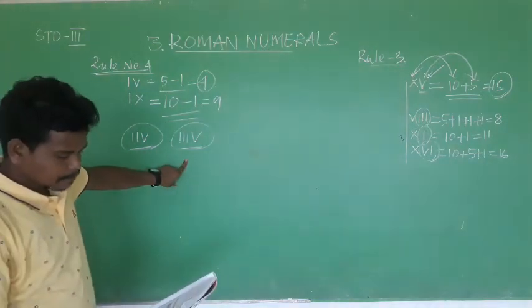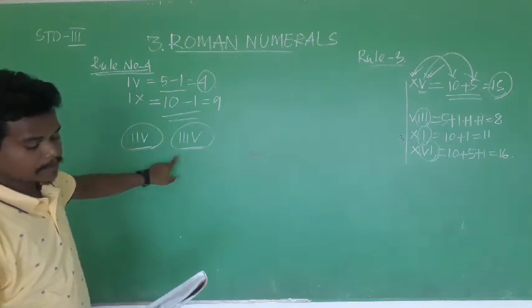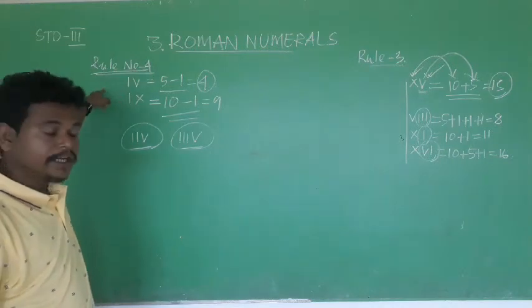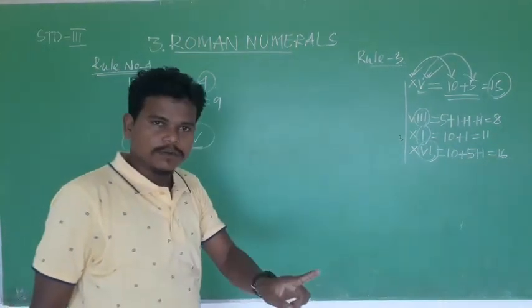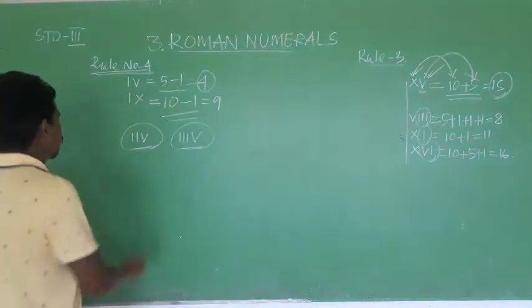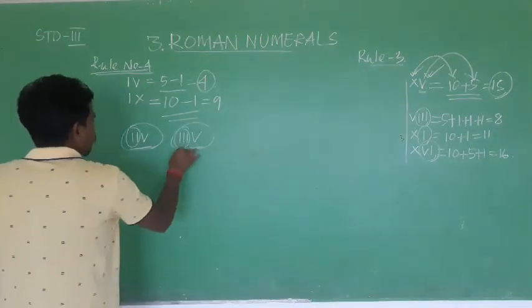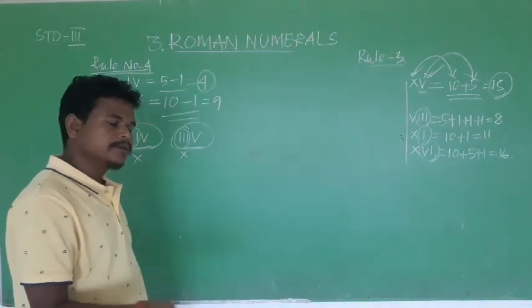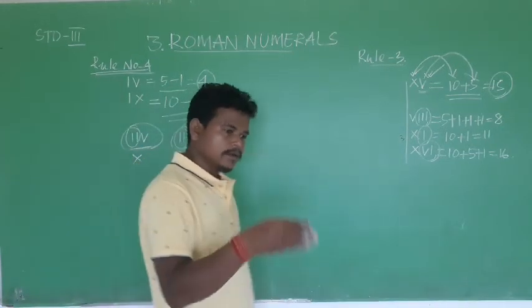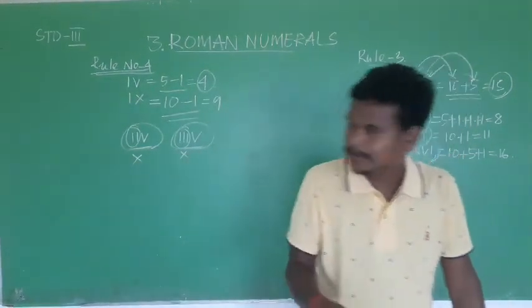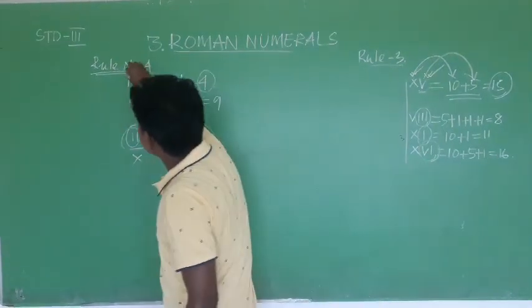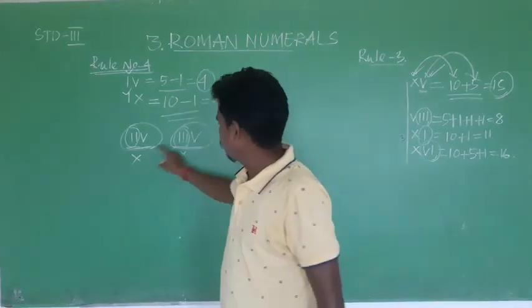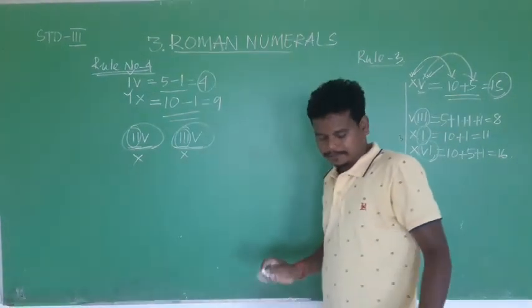A Roman numeral of smaller value can be placed before the numeral of greater value only once, not 2 times, not 3 times.